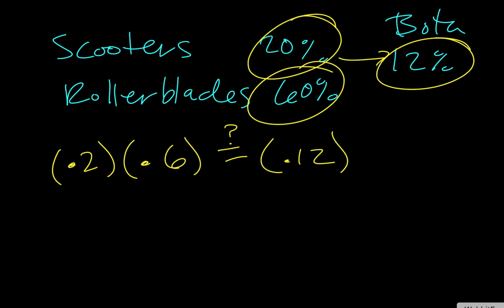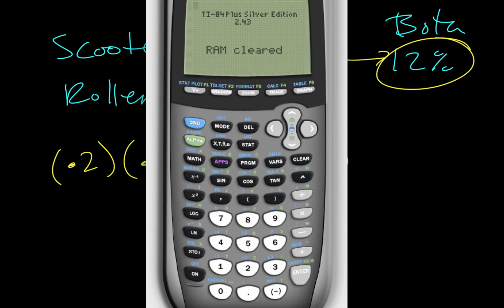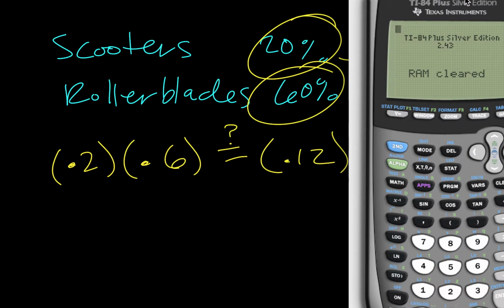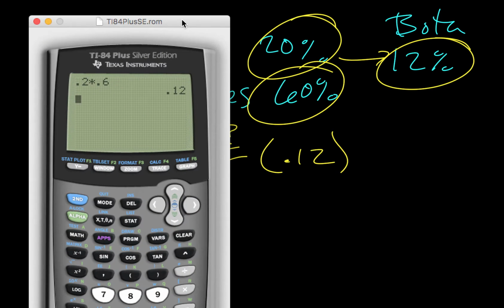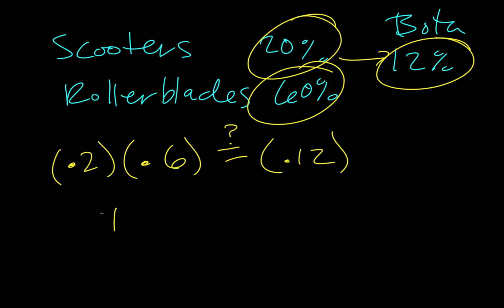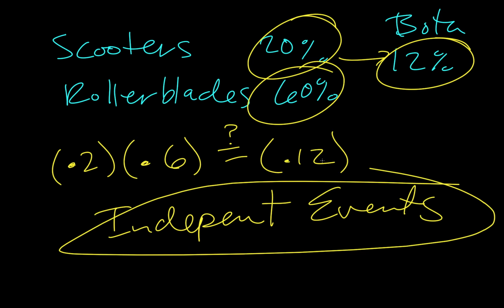You might already know the answer, but if you need to, pull out a calculator just to make sure decimals work out the way we want them to. So 0.2 times 0.6 equals 0.12. So this is true, and that means that those are independent events. Okay?